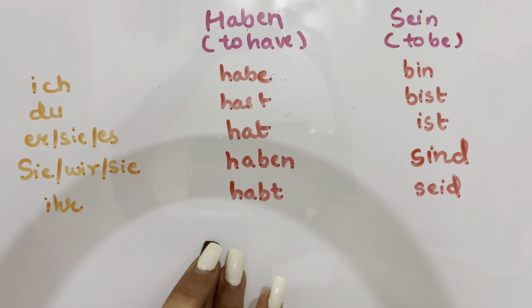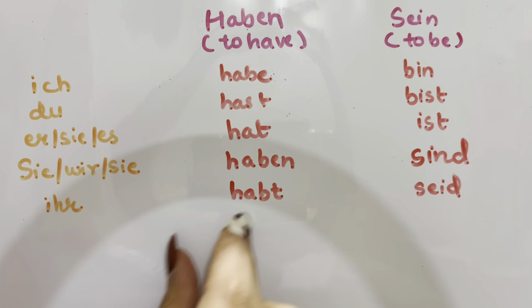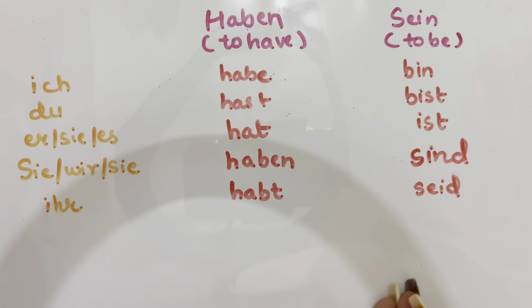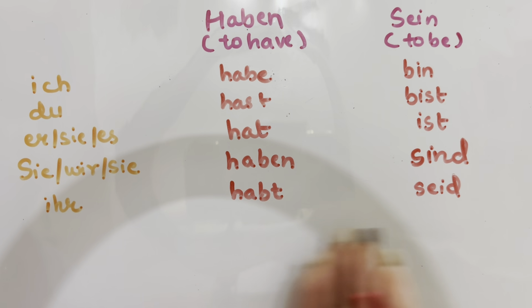And I know it may seem a little tough right now, but actually, these are just the helping verbs. And further, as we move on to more verbs like kommen, wohnen, it gets easier because in those verbs you can actually see a pattern. I know you can't see a pattern here. You just have to learn these verbs and their conjugation as per the subjects.